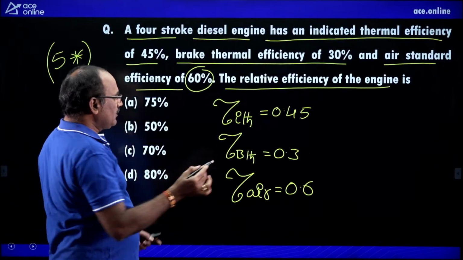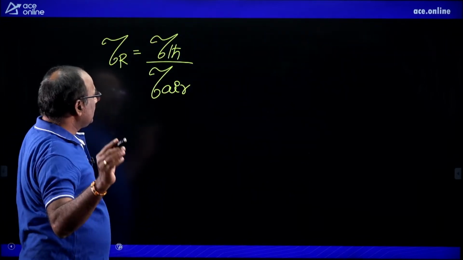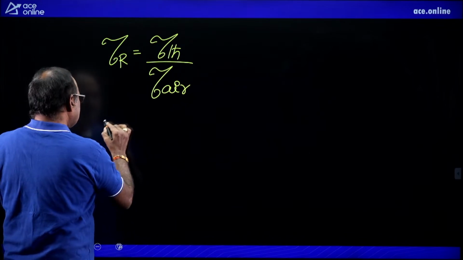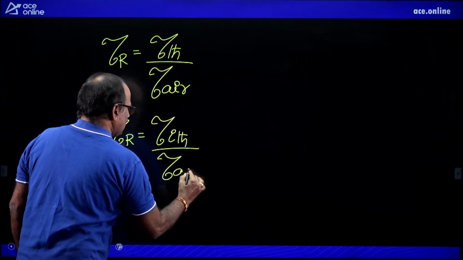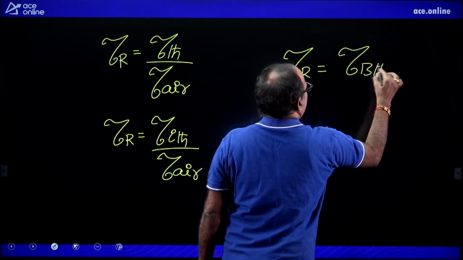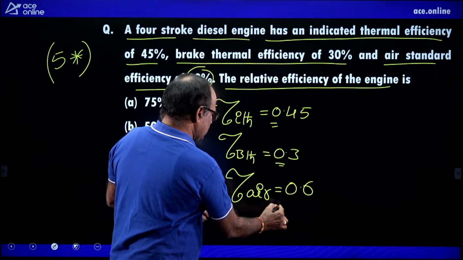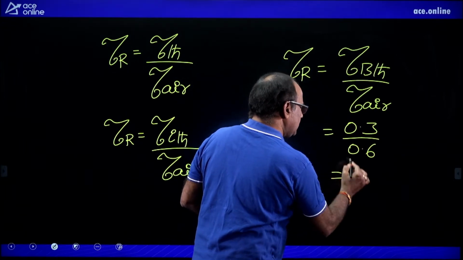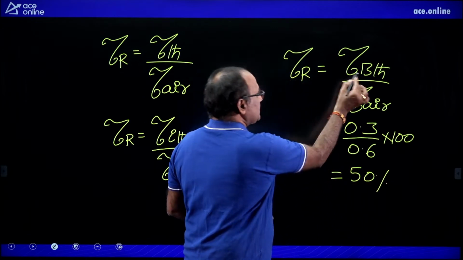This thermal efficiency may be the indicated thermal efficiency or the brake thermal efficiency. The relative efficiency in terms of indicated power is indicated thermal efficiency divided by air standard efficiency. If you want relative efficiency in terms of brake power, it is brake thermal efficiency divided by air standard efficiency. Here, brake thermal efficiency is 0.3 and air standard efficiency is 0.6. 0.3 by 0.6 simplifies to 0.5, and multiplying by 100 gives 50%. That is the relative efficiency based on the brake power.